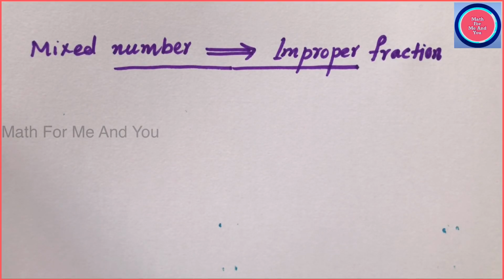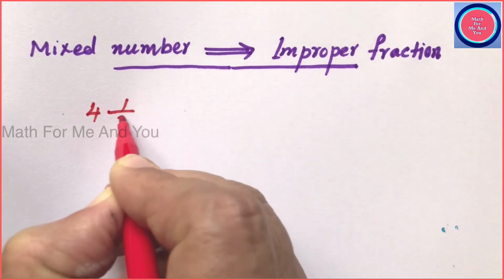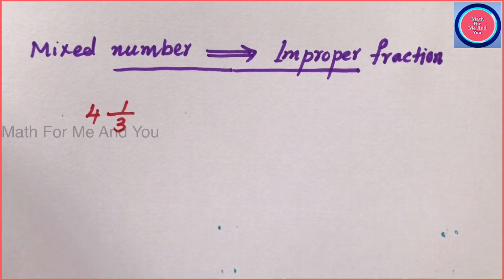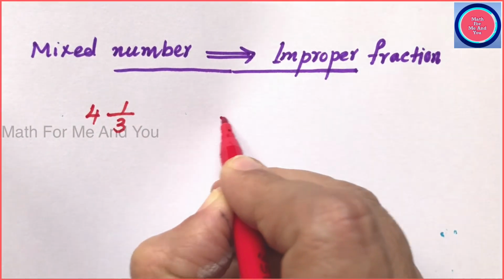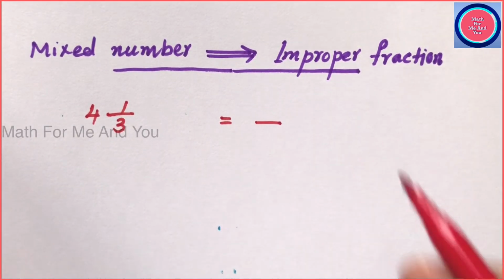Here we are going to practice the opposite. If we get a mixed number, how to convert it to an improper fraction. We will take some mixed numbers and convert them to their improper fractions. First one is 4 and 1 over 3. An improper fraction has a numerator part and a denominator part.